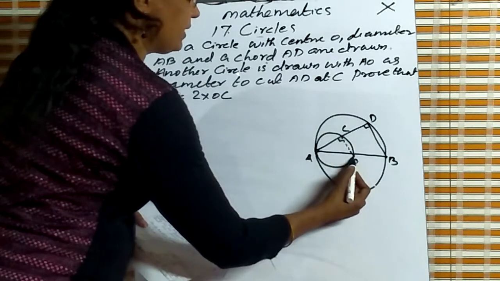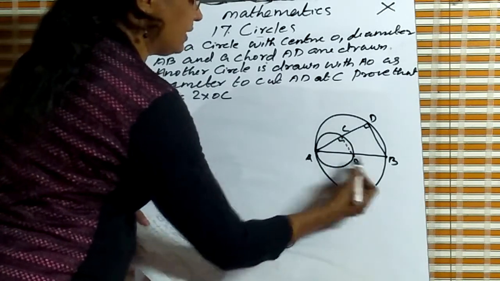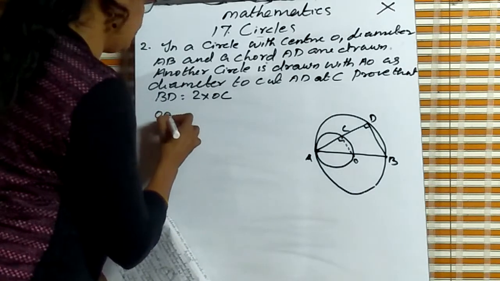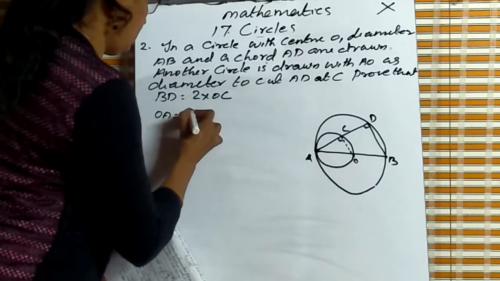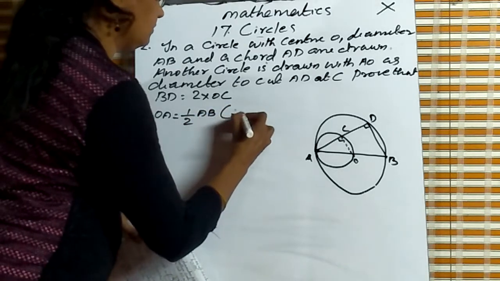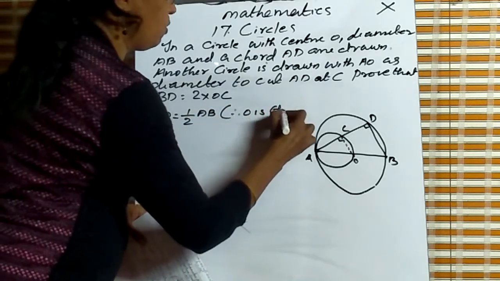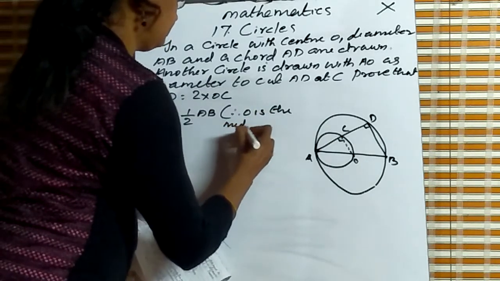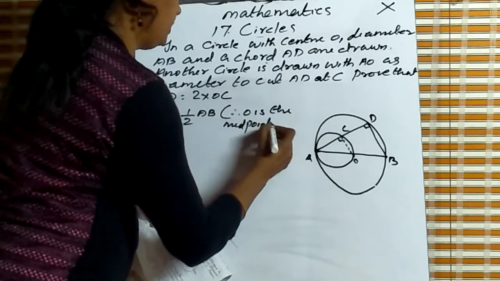First, what is OA here? O is the center. O is the midpoint. OA is equal to half of AB, since O is the midpoint of AB.